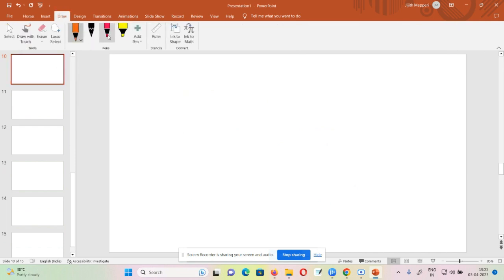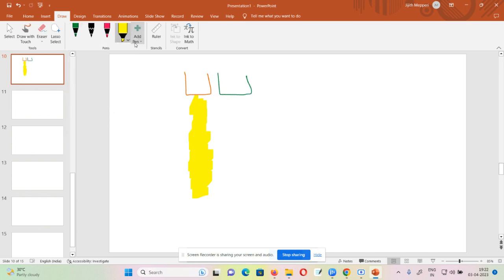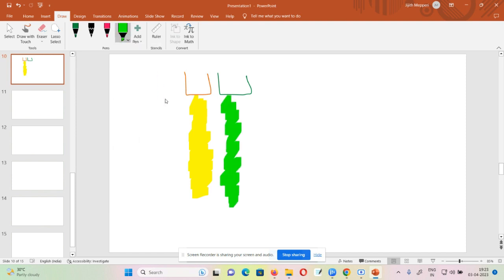You have a light source 1, and you have another light source, the second one. If you are adding the intensities together, you will get combined intensity I1 plus I2.